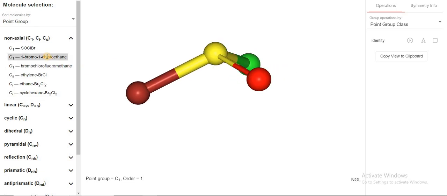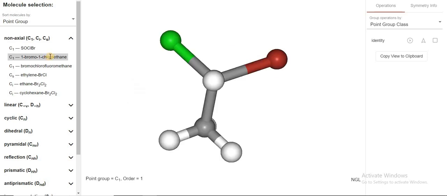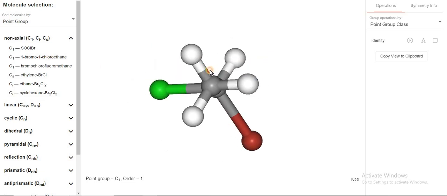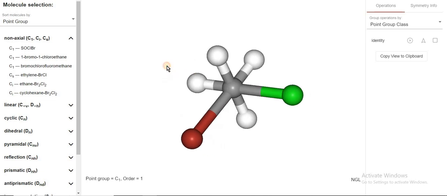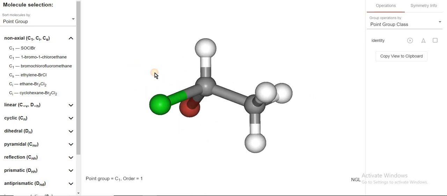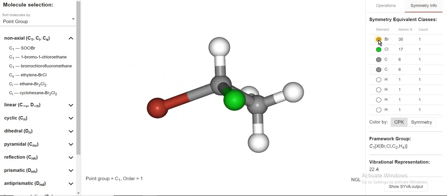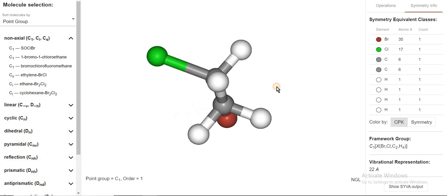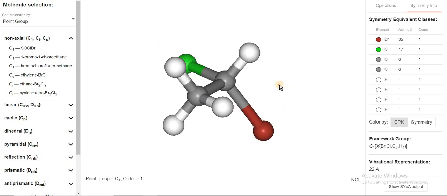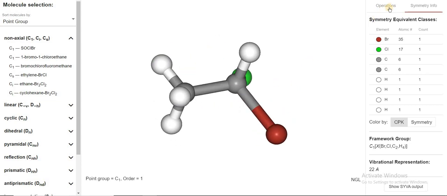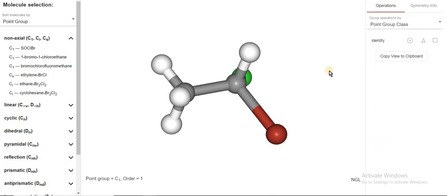Now coming to the next molecule. This molecule is 1-bromo 1-chloroethane. These are the atoms. This red one is bromine, the green one is chlorine. These two grey ones are carbon atoms. Now let's see how many symmetry elements are there.